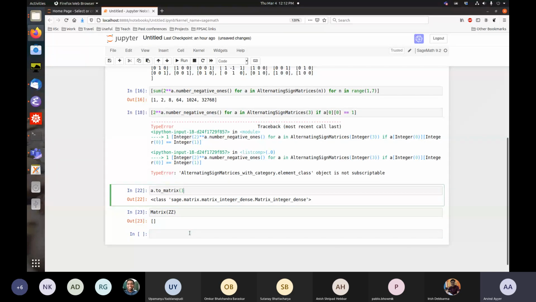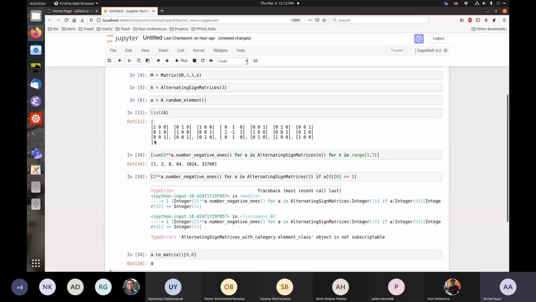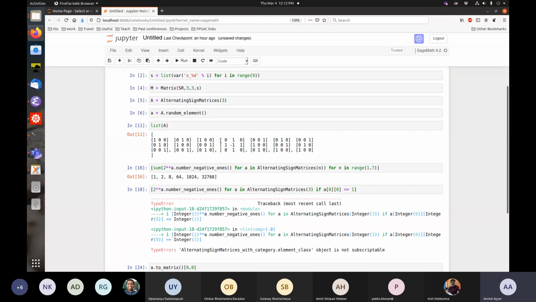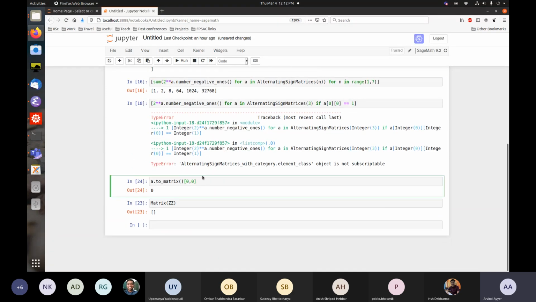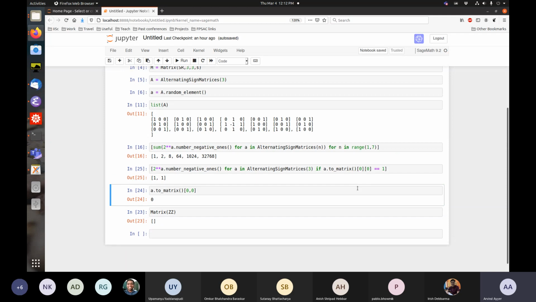So now if I do A dot to matrix and I now do 0 0, will it complain? No. Okay. Remember A was the special matrix, this one, the middle one. So what I should have done is A dot to matrix, and I think this will also work.